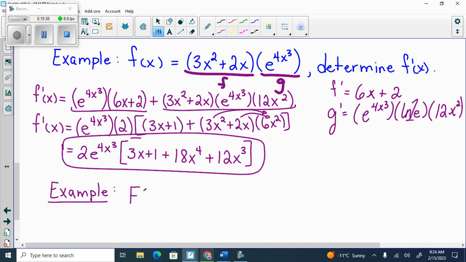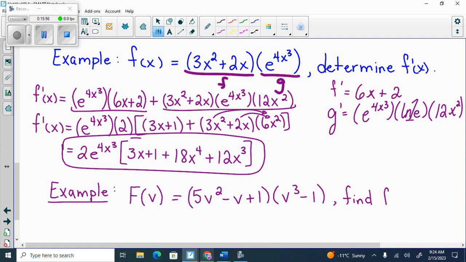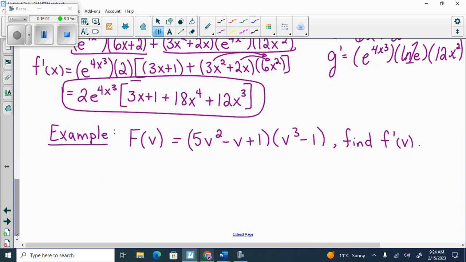F of V equals 5V squared minus V plus 1, and then V cubed minus 1. Find F prime of V. V is just not X. It's the same thing. They have to use different variables because you guys get really stuck.